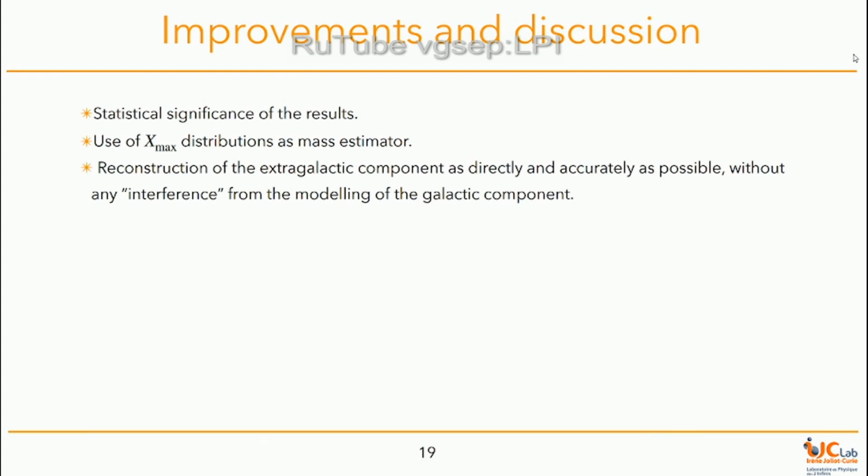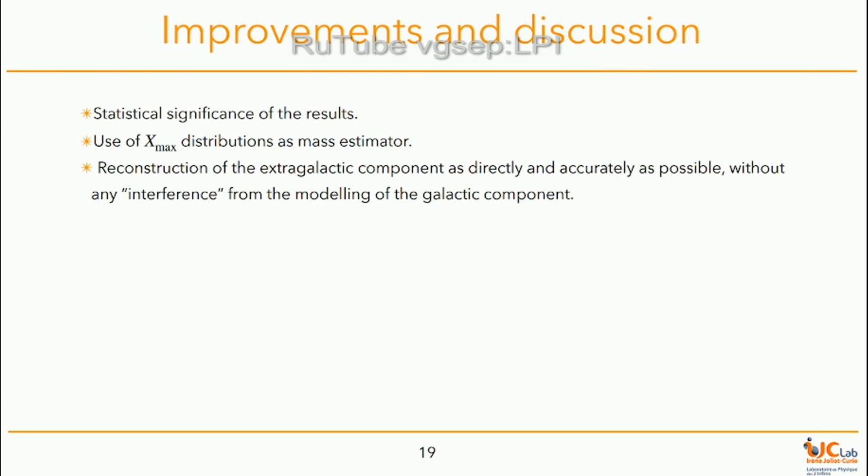And third, as I said, this reconstruction of the extragalactic component made of protons is completely driven by data. Normally in other models, you consider that you cannot describe the low energy part using only protons. What you normally do is include a galactic component, a second component, and of course you can have an interference of these two. Instead, here it is completely taken from the data.